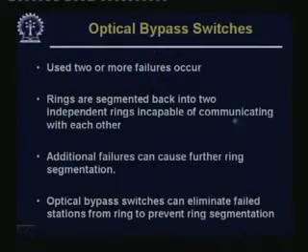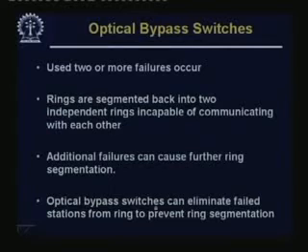The nodes connected to one subring and the nodes connected to the other subring will not be able to communicate with each other across, but within themselves they will communicate as usual. So, rings are segmented into 2 independent rings incapable of communicating with each other. Additional failures can cause further ring segmentation.